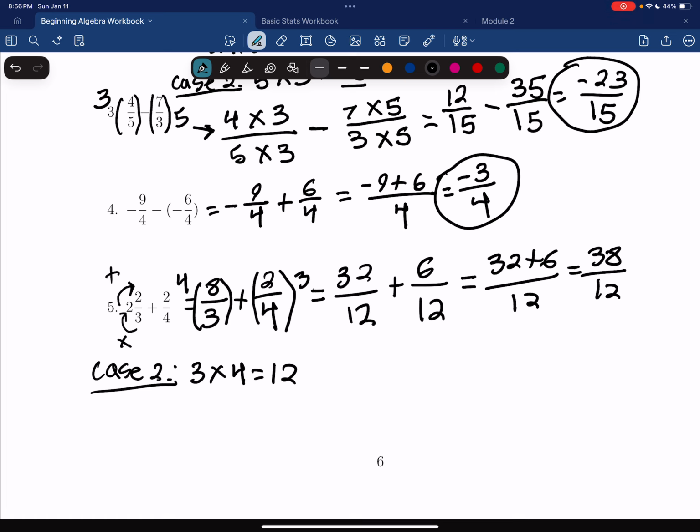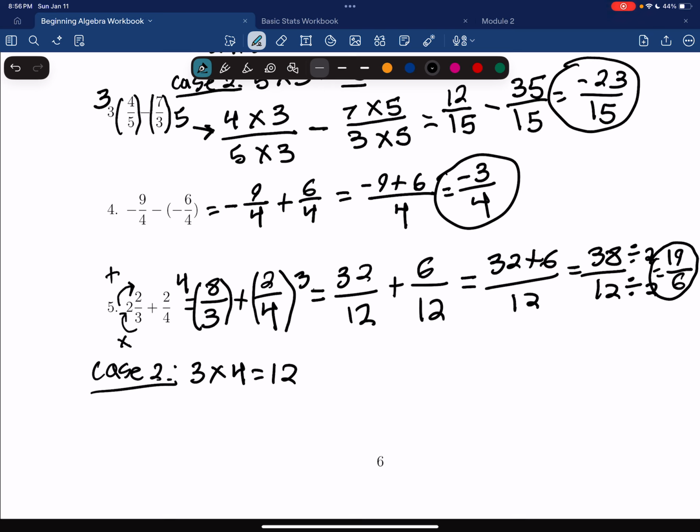Now notice, this fraction isn't fully simplified, right? Because we have both even numbers, 38 and 12. So just by looking at this, because they're both even, we can say automatically that they're both divisible by 2. So 38 divided by 2 is 19, and then 12 divided by 2 is 6.